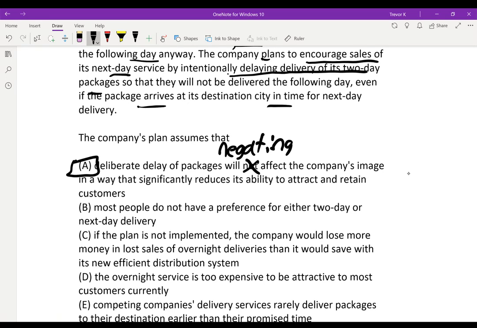And that's just crossing out this not. So what would happen if deliberate delay of packages will affect the company's image in a way that significantly reduces its ability to attract and retain customers? Well, then that would hurt the argument. So if negating it hurts the argument, it's pretty much a necessary assumption. So that's often a good tactic.